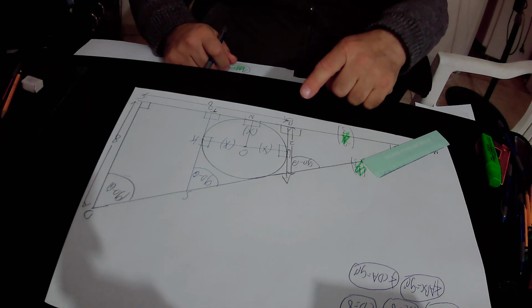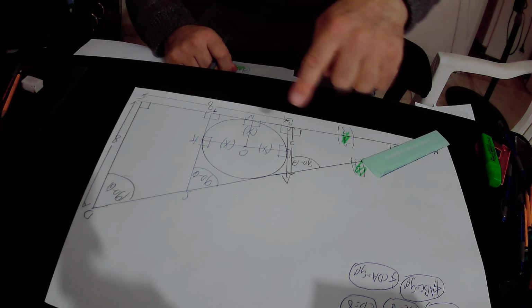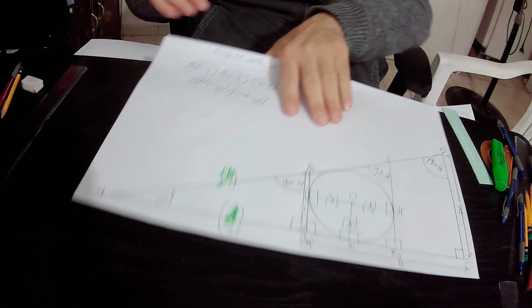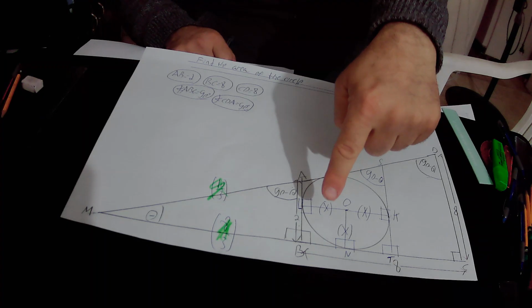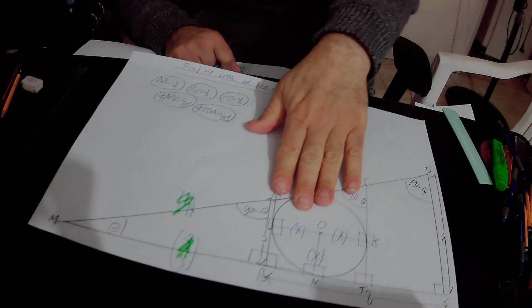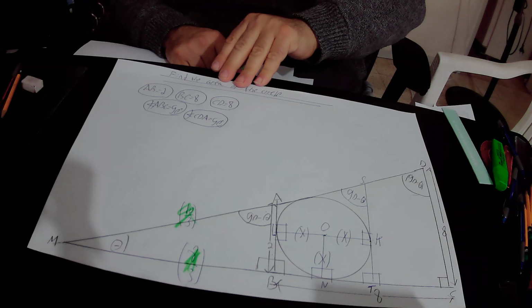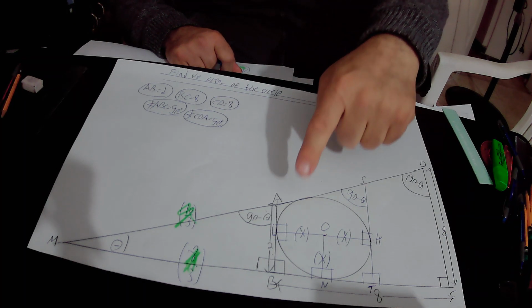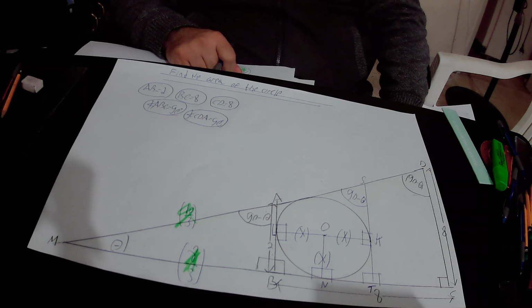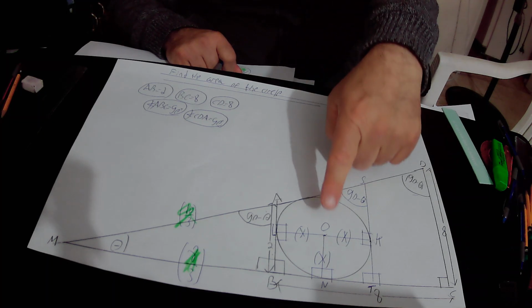In the next step, we will focus on this small quadrilateral LBON. In this small quadrilateral we have 3 right angles. The sum of 3 right angles is 270 degrees, plus the size of the fourth angle.